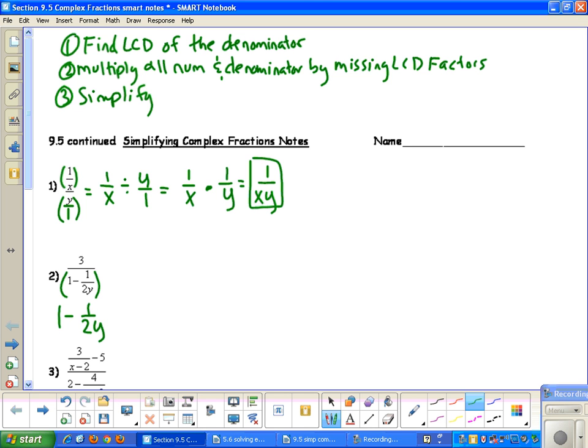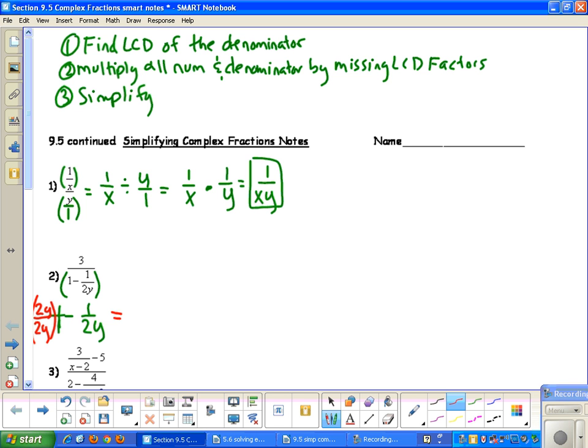So in order to combine this together, I need to find my least common denominator. So the 1, remember, is really over 1, so you could say 1 over 1. So what's the least common denominator between 1 and 2y? It's going to be 2y. So that means I need to multiply this fraction by 2y over 2y, because it's like multiplying by 1, so it doesn't change my equation.